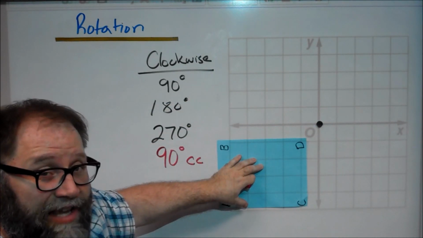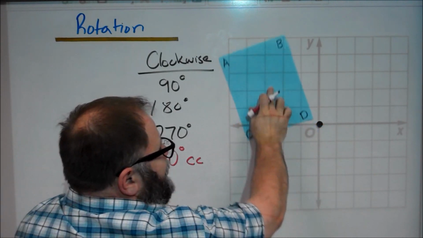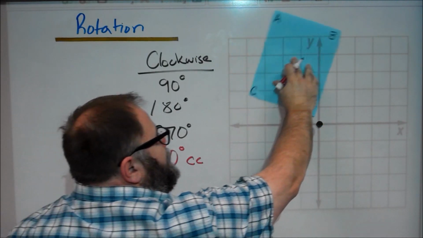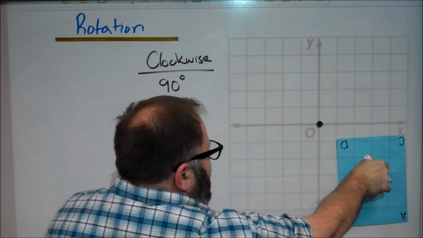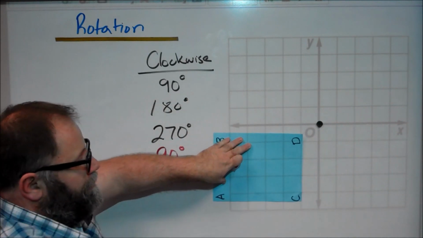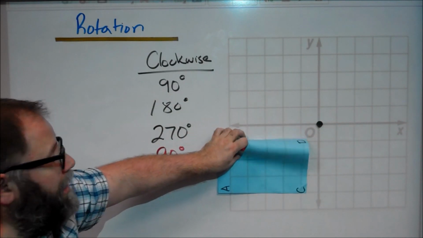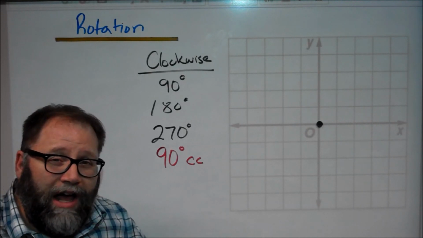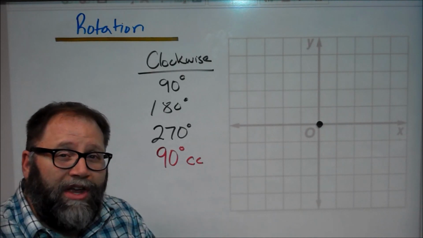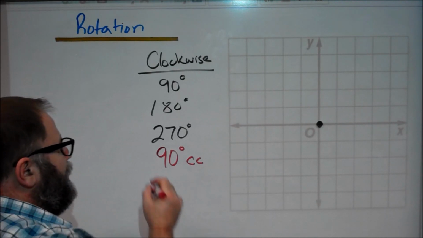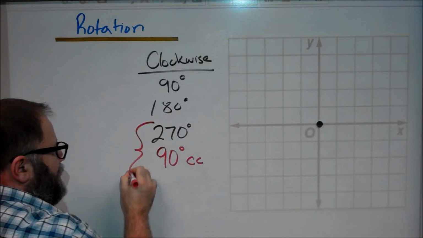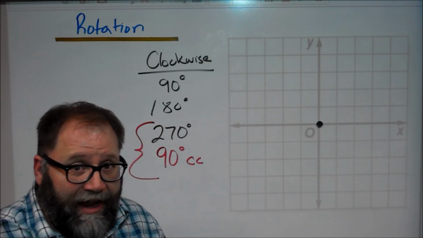Now, it is the same as if I did 270 clockwise. 90, 180, and it comes back around to 270. So when you hear that idea of 90 degrees counterclockwise, it's actually the same thing as 270 clockwise. These end up being the same.